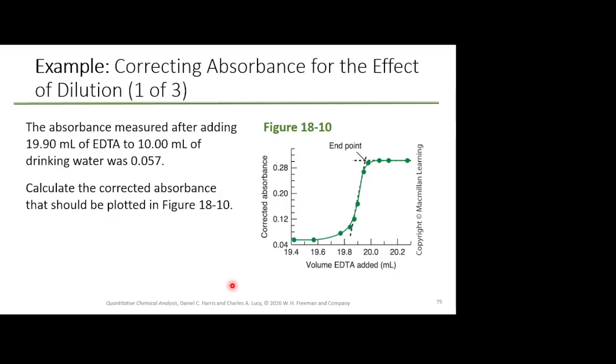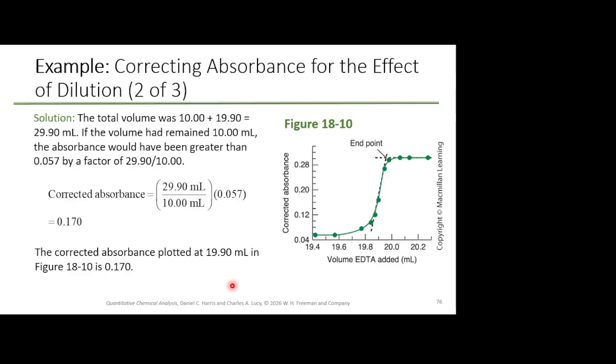Okay, ready? Yeah. So remember your volume changes. You're also diluting it as you go along, right? You have to be careful about this with titrations because you're adding volume. You actually dilute your solution, meaning you reduce your absorbances no matter what.